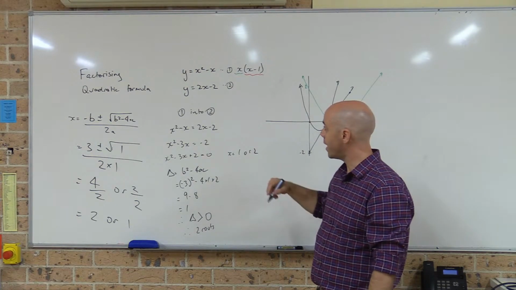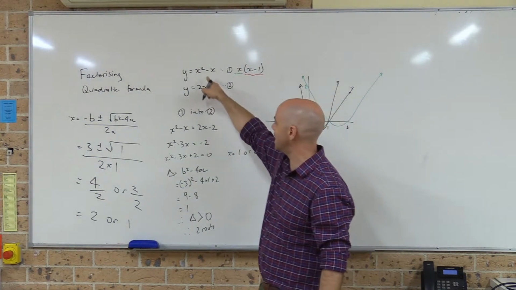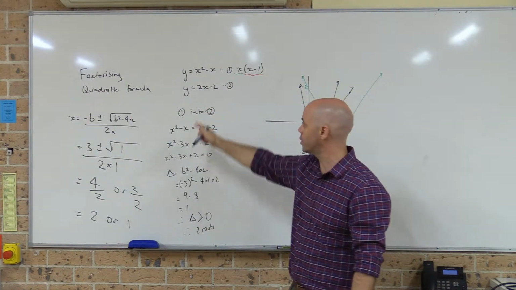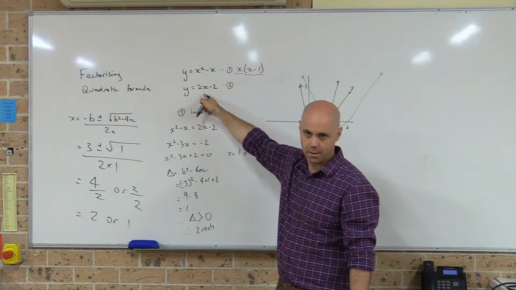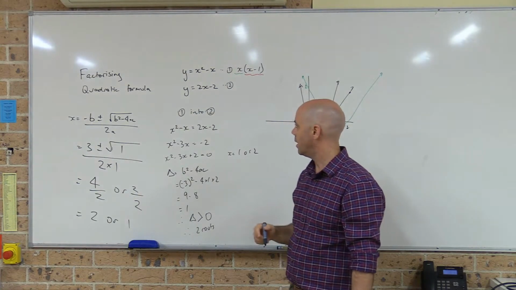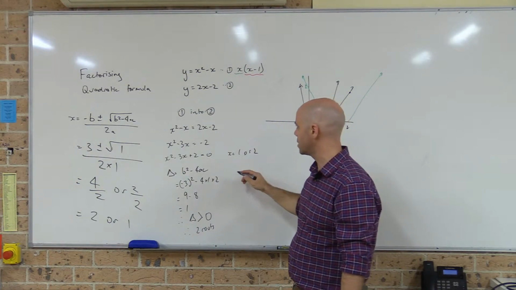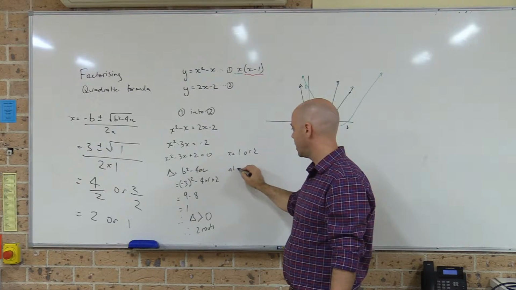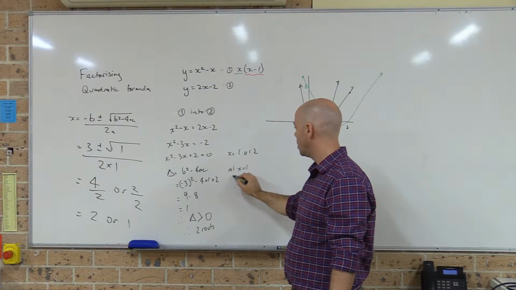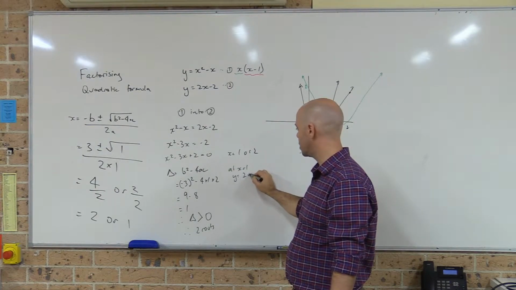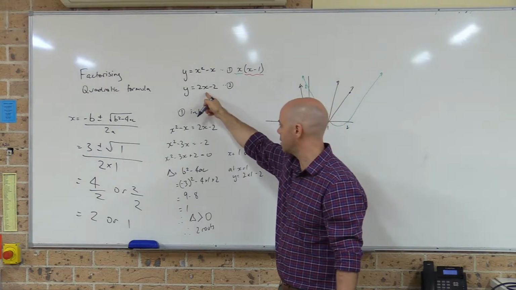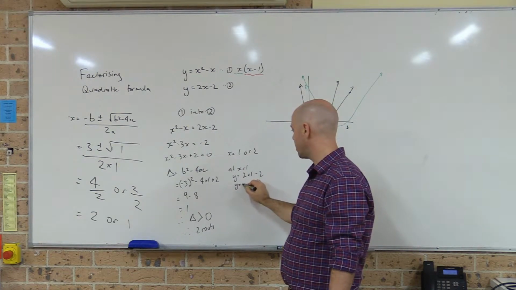And so to do that, I put these two values into one of those two equations. I want to choose this one because it's much easier. I've got no extra stuff to go with, no squares. So I'm just going to go at x equals 1, y equals 2 times 1 minus 2. I'll just put 1 into that. And so y equals 0.